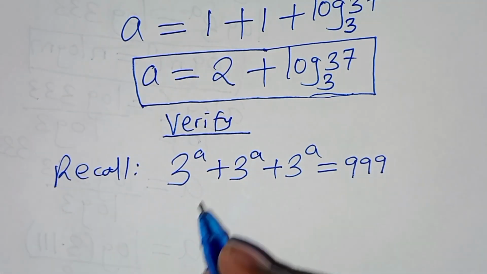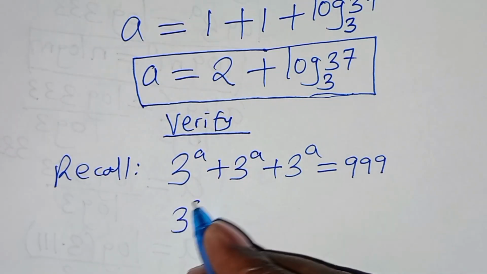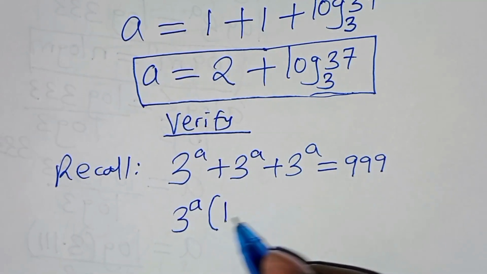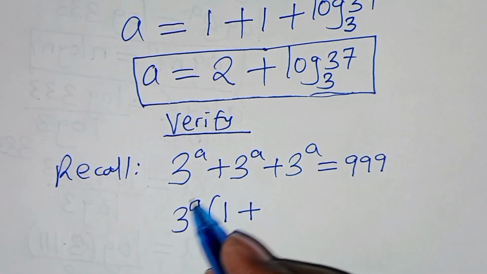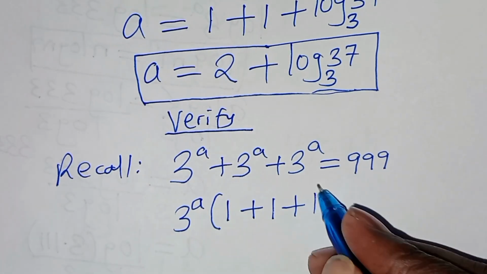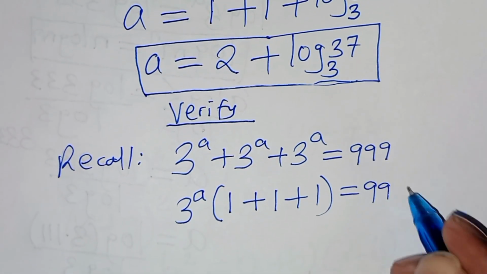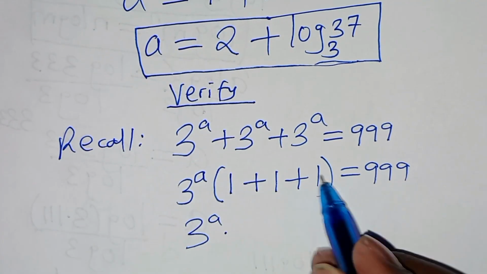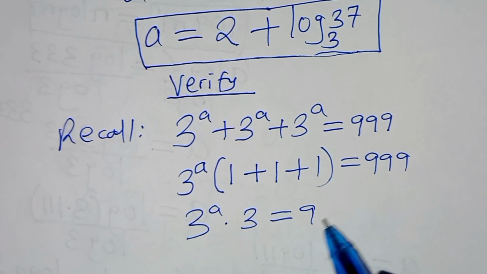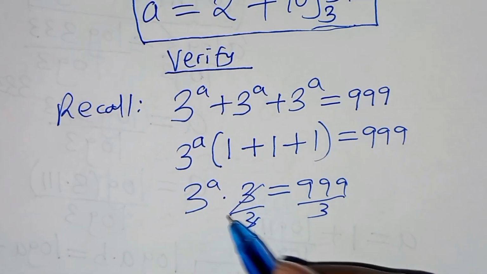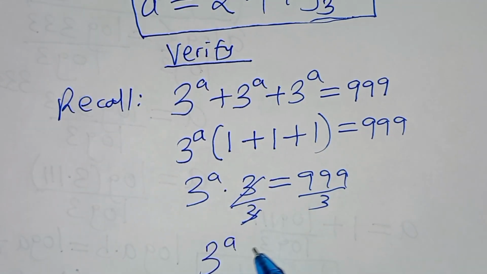Simplifying this further, since 3 to power a is common, we express this as 3 to power a times 1 plus 1 plus 1, this is 3, and this is equal to 999. So here we divide by 3, and that implies that 3 to power a is equal to 333.